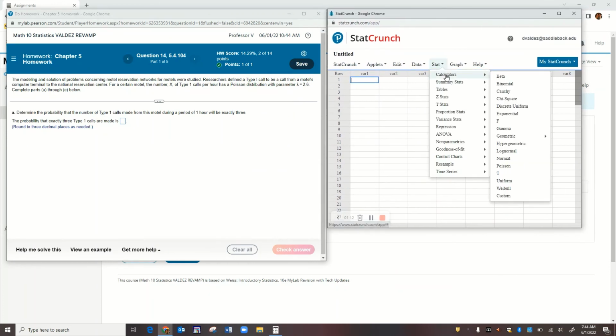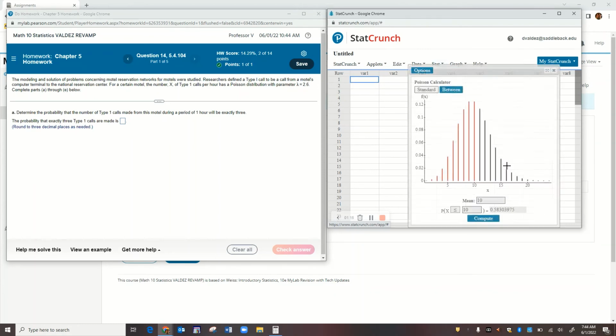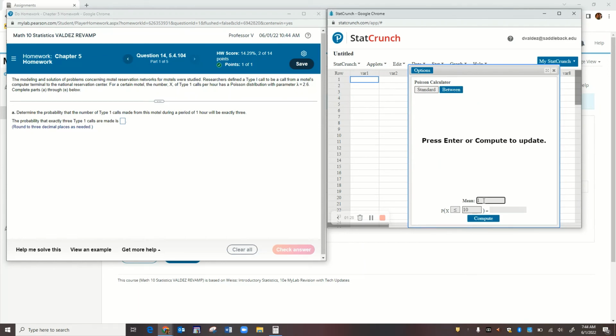Stat, calculators, and then go down. See how there's Poisson right here? Now it asks you for the mean. And remember, we looked at the mean for a Poisson distribution. It's equal to lambda. They told me lambda was 2.6, so that's what you're going to put here for the mean.